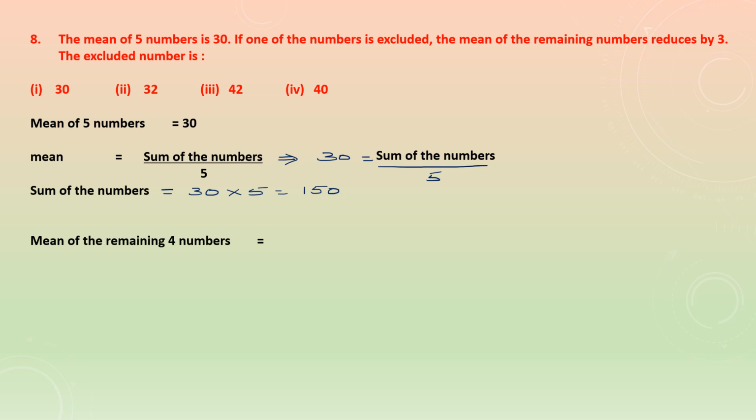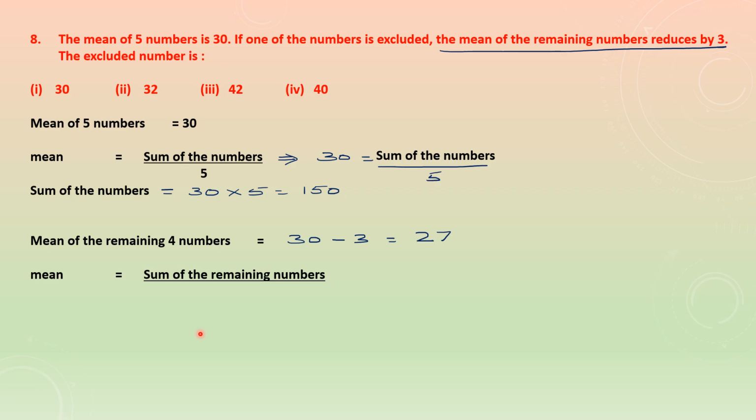Now we've been given the mean of the remaining 4 numbers. What have they told us? The mean of the remaining 4 numbers reduces by 3. That means it was 30, isn't it? It reduces by 3, minus 3. So 30 minus 3 is 27. So we have the mean of the remaining 4 numbers. Now we have to find the sum of the remaining 4 numbers. So again we're going to apply the formula. That is, mean is equal to sum of the remaining numbers divided by 4 this time.